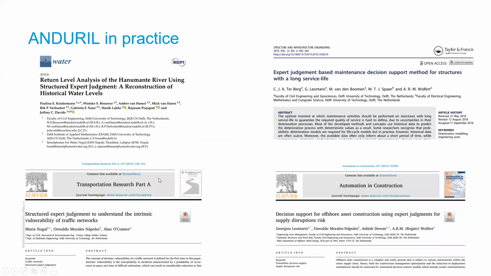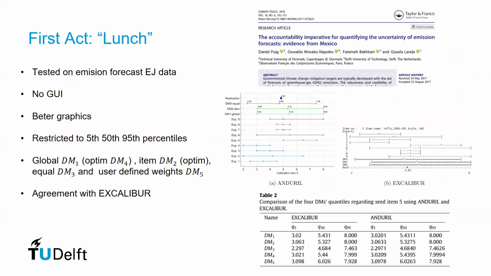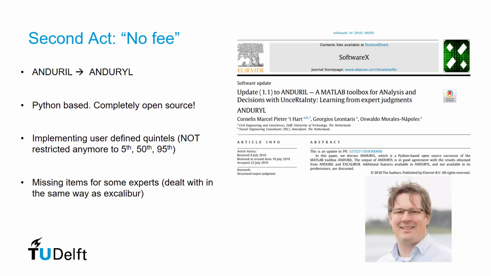And so you see here, the first version of Anduril was published in July 2018. The version in Python is 1 year later, July 2019. So it took 1 year to go from MATLAB to Python. And here's where the name changes, right?